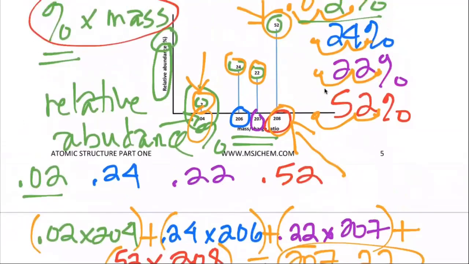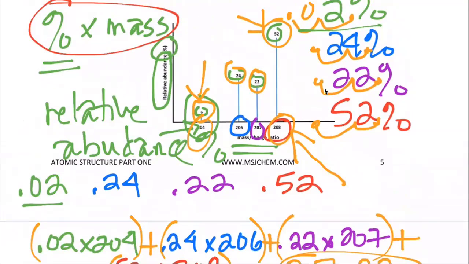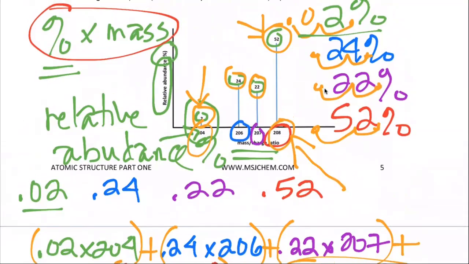They also might ask you something about most or least abundant. If they ask you about most and least abundant, I mentioned this in the notes video, the most abundant is going to be the one with the highest percentage. So which one is the most abundant on this graph? Which isotope mass, I should say. We have four of them here.